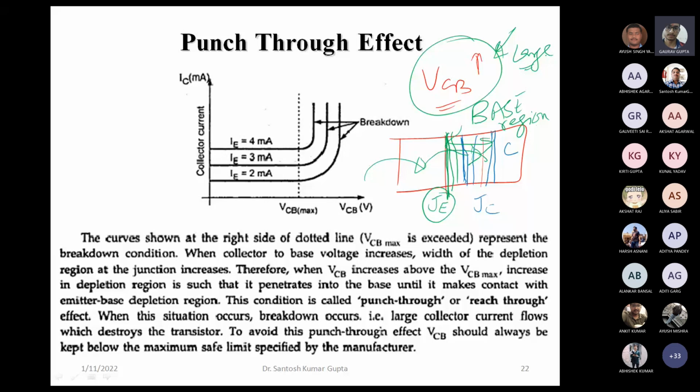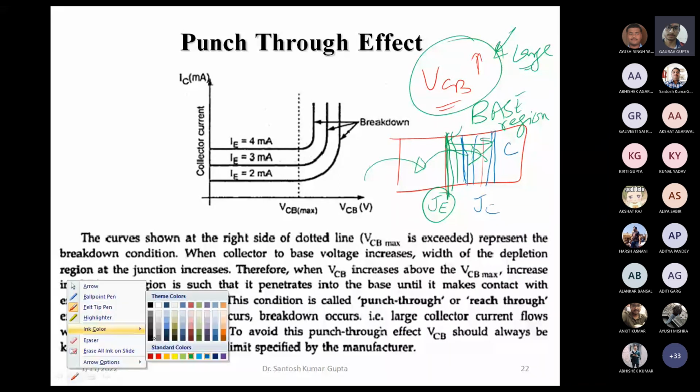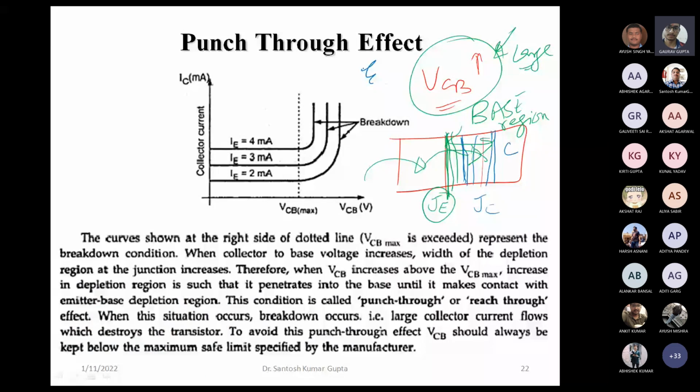As in diodes, we have seen that a large electric field may cause Zener breakdown or avalanche breakdown to be activated. Under such a situation, this is not going to be healthy for the transistor.